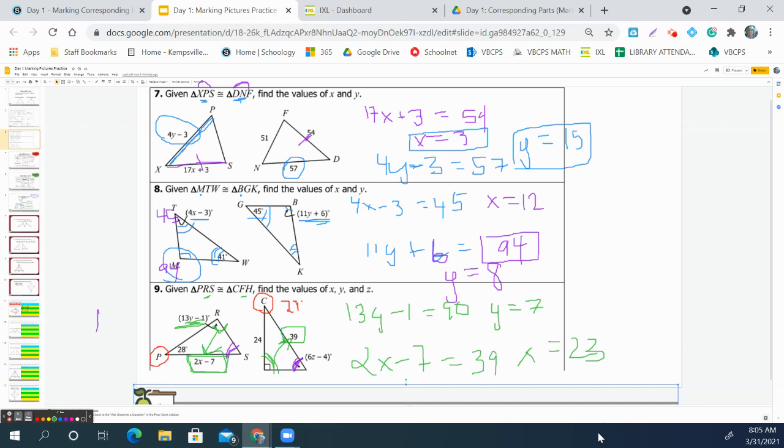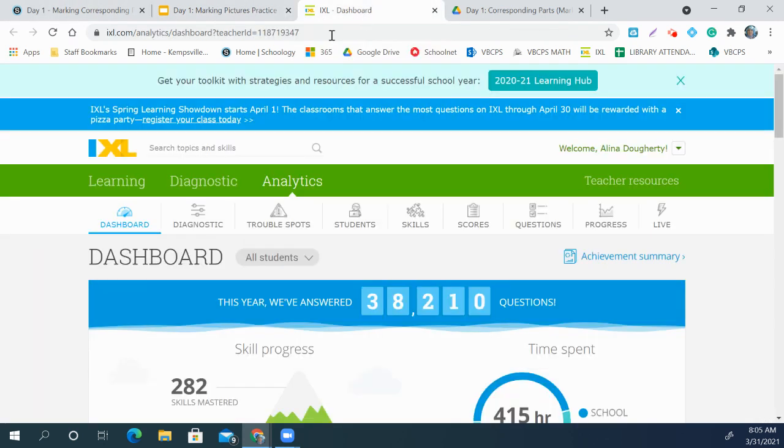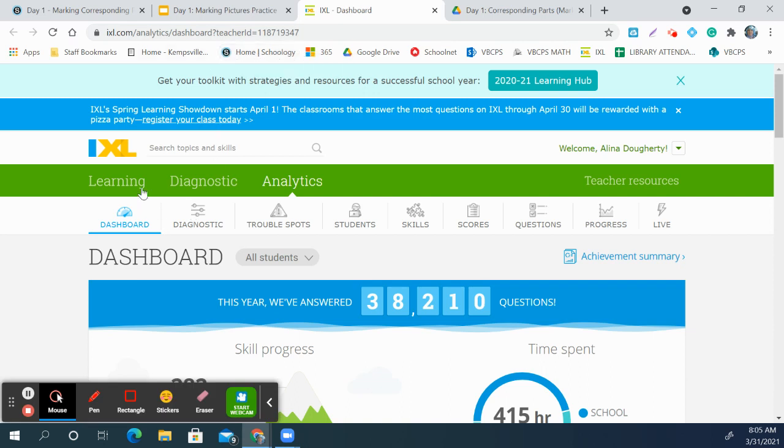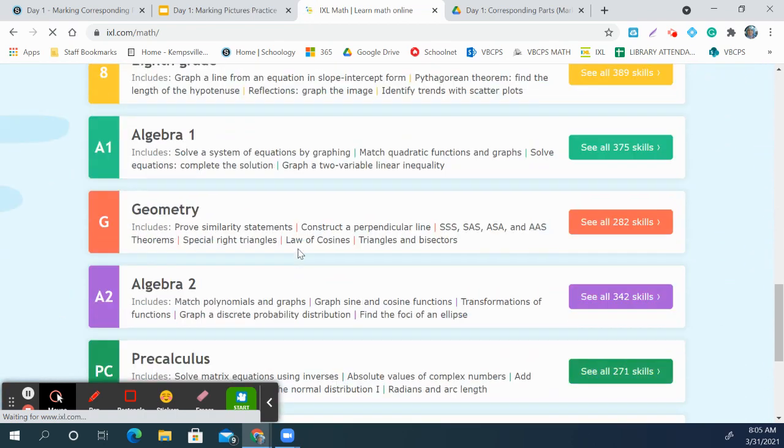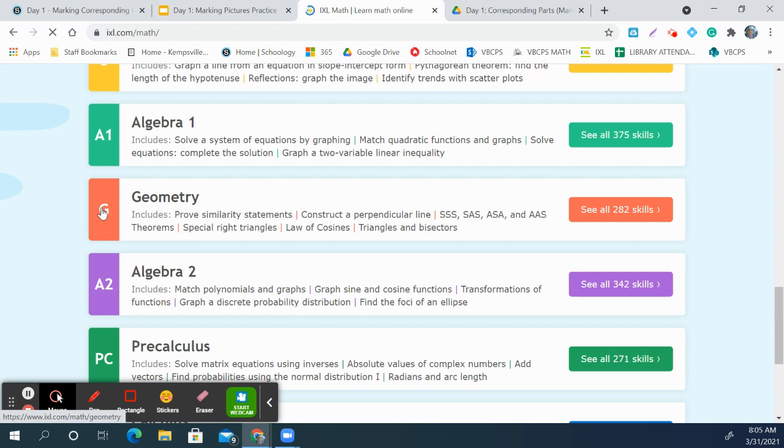Okay. Before the next part, what I'd like for you to do is go over to IXL. So if you need to go through ClassLink, please do that. We're going to go all the way down to geometry. And I think you're going to go to the J, like juggle.